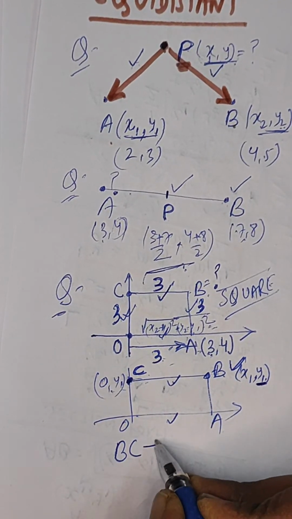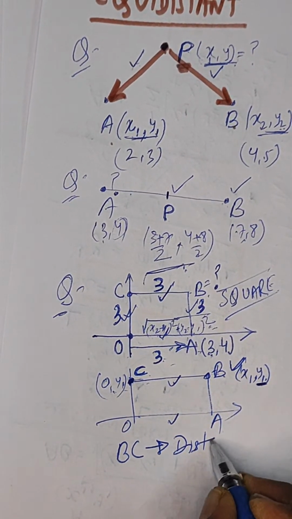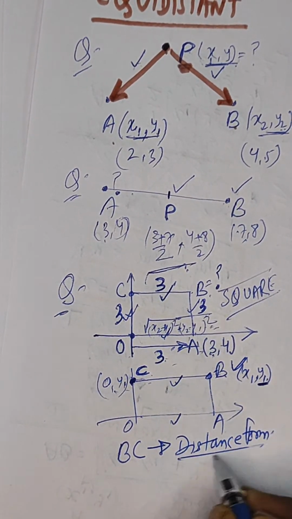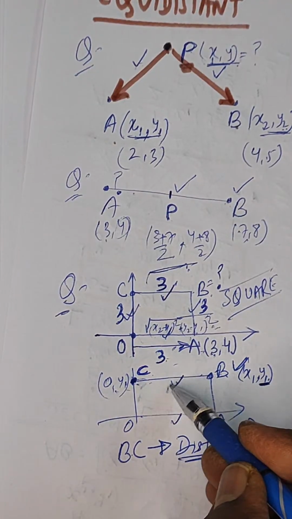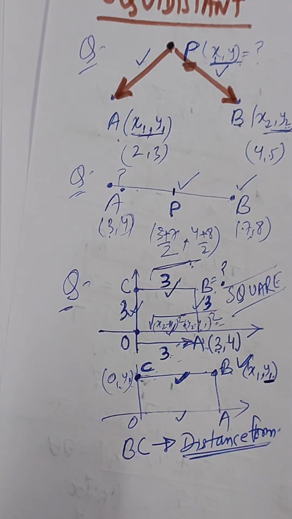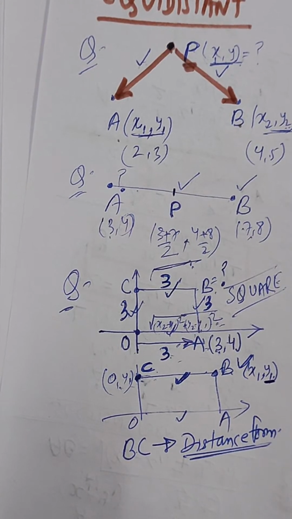BC can be calculated using the distance formula, right? If BC is calculated using the distance formula, then definitely the other part can be done, right?